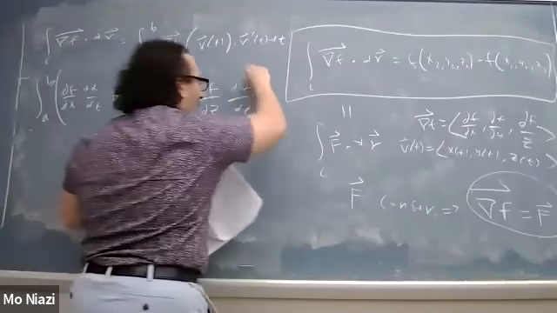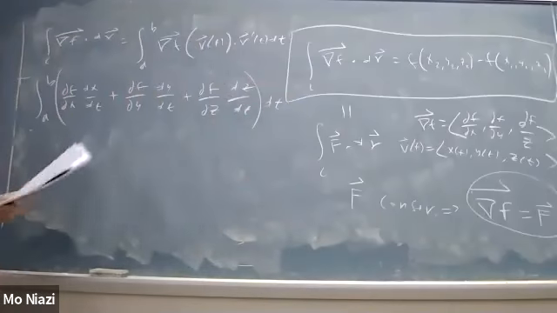All of this had a dt multiplied times it.